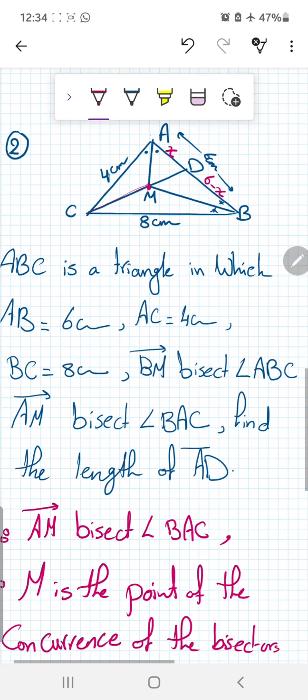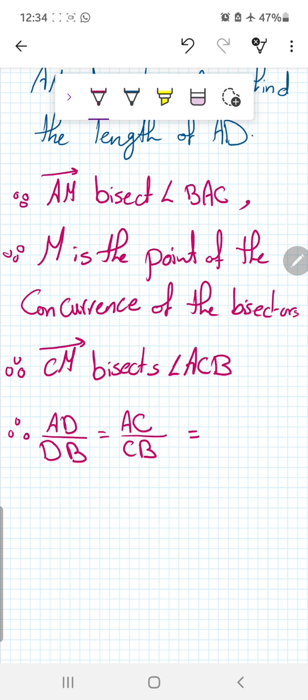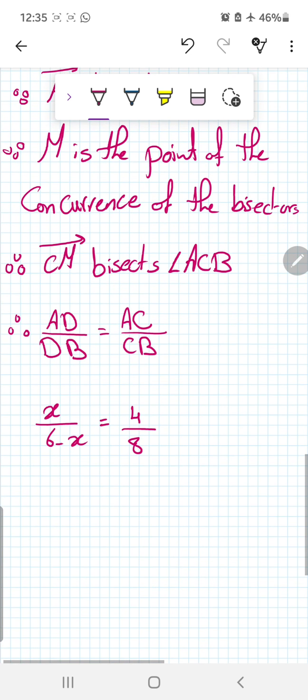AD, which is X, over DB, which is 6 minus X, equals AC, which is 4, over CB, which is 8, and make cross multiplication. Here 4 over 8 equals half.